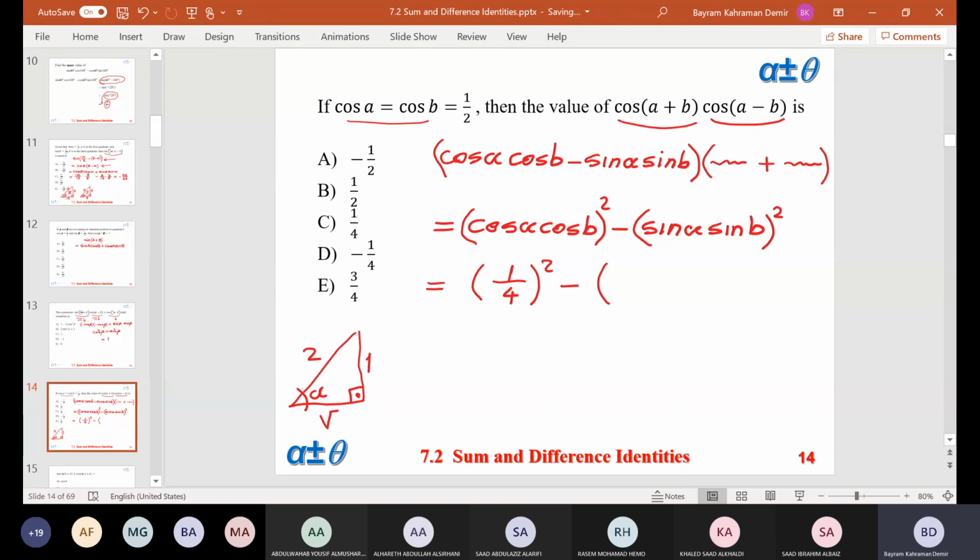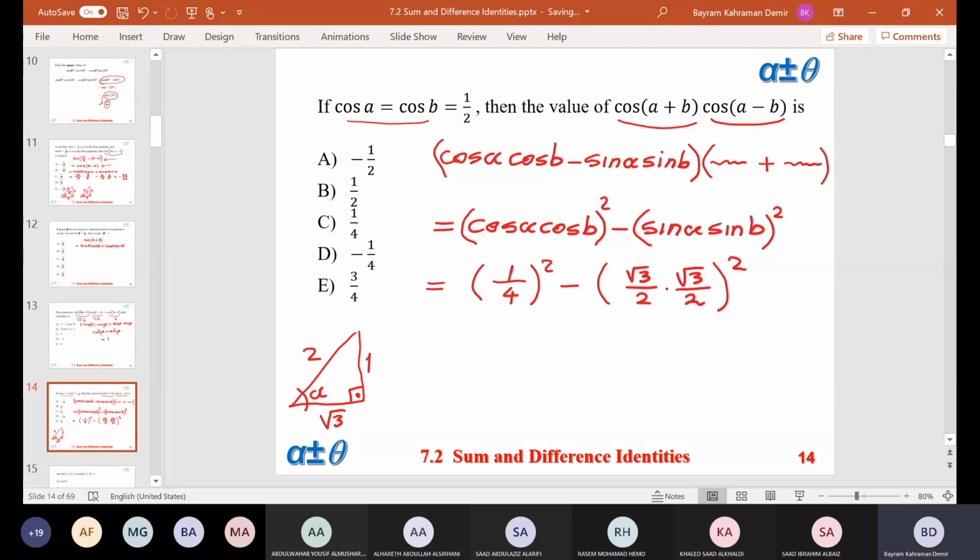So this is root 3 here. So sine A is root 3 over 2. Also sine B is root 3 over 2, right? So it will be a complete square.